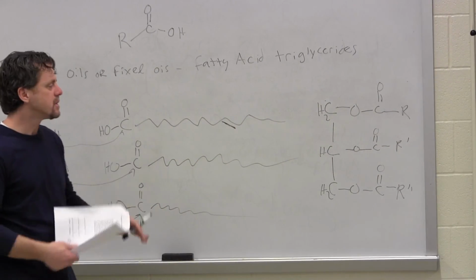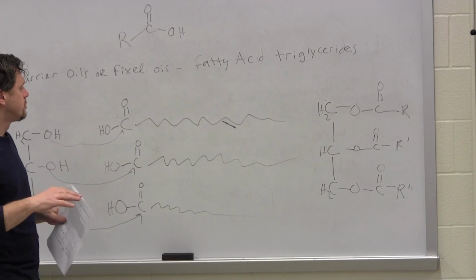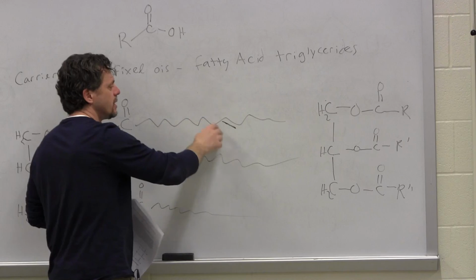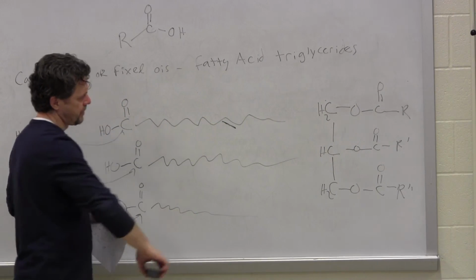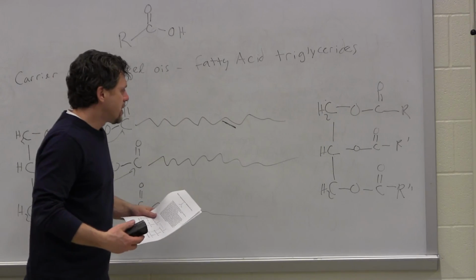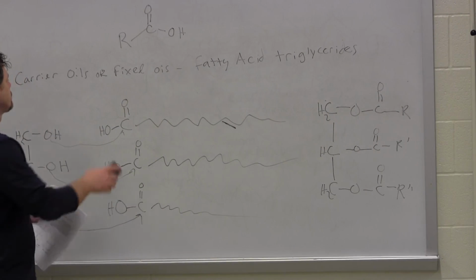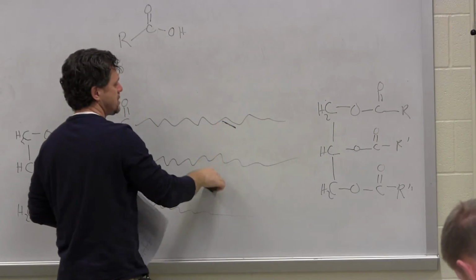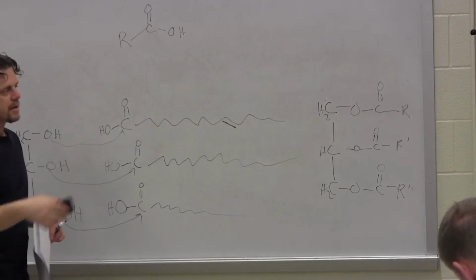When we talk about saturated versus unsaturated fat, this is what we're talking about: these fatty acid chains and whether they have double bonds or not. Since most plants have unsaturated fat, they tend to have chains with double bonds and they oxidize more easily.